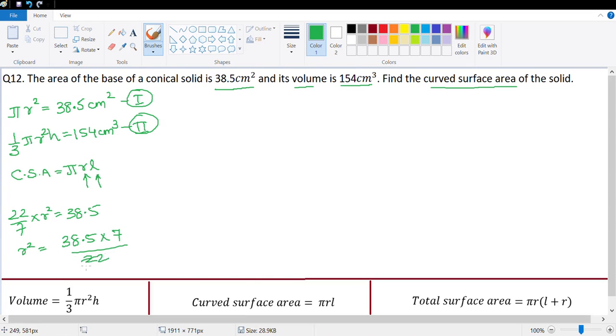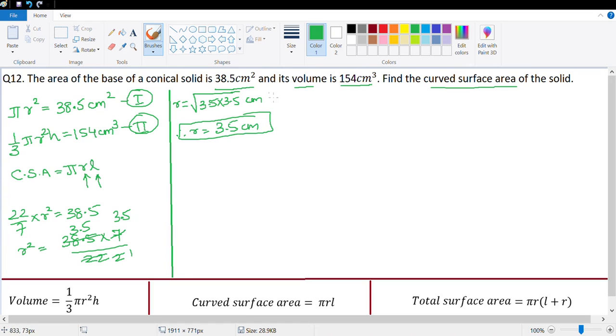That's 11 into 2, 11 into 3, 33. That's 55. So that's 3.5. And 2, 1, 2, 3.5. So which means we get the value of r is equal to square root 3.5 into 3.5 centimeter. Therefore, r is equal to 3.5 centimeter.